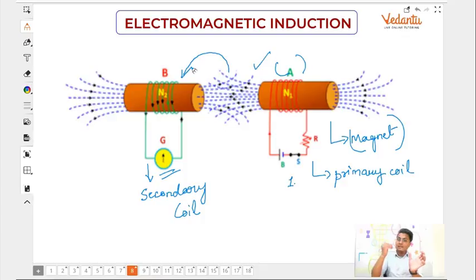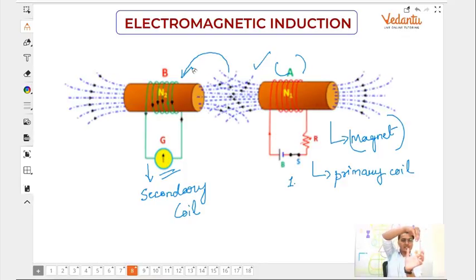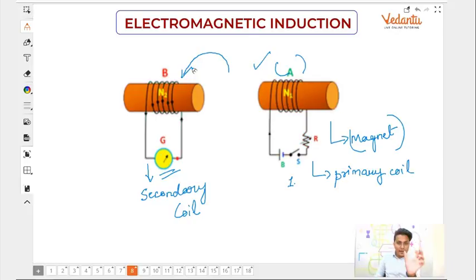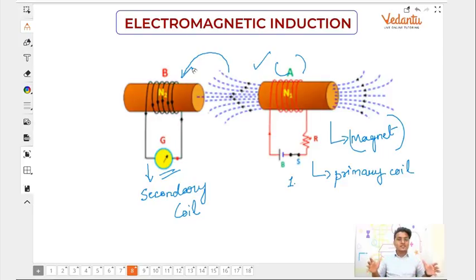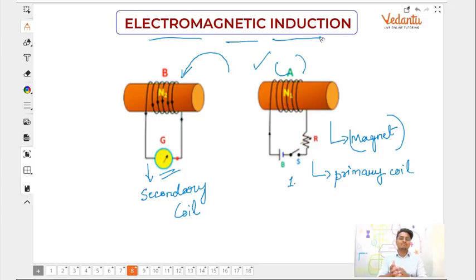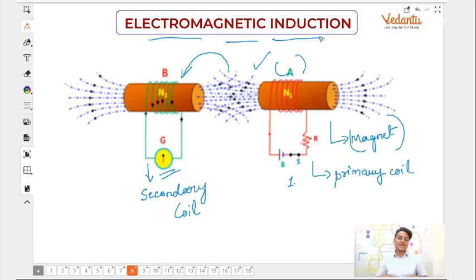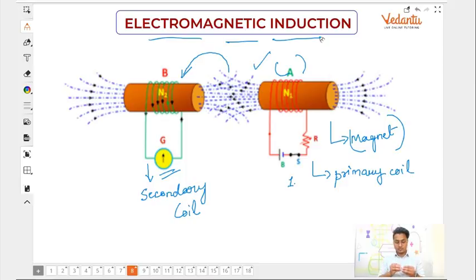Now when this magnetic field is generated, this magnetic field induces a current in the secondary coil kept next to the first coil. This process is called as electromagnetic induction. That's it. That is your electromagnetic induction right there. I hope all of you guys understood this.